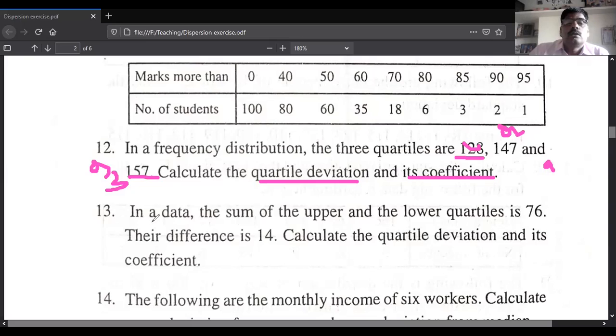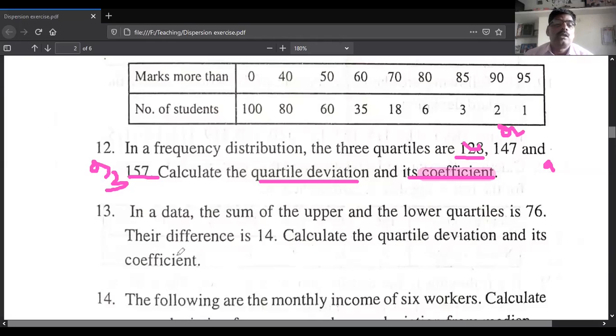Then question number 13. The sum of the upper limit and lower limit is 76, and their difference is 14.